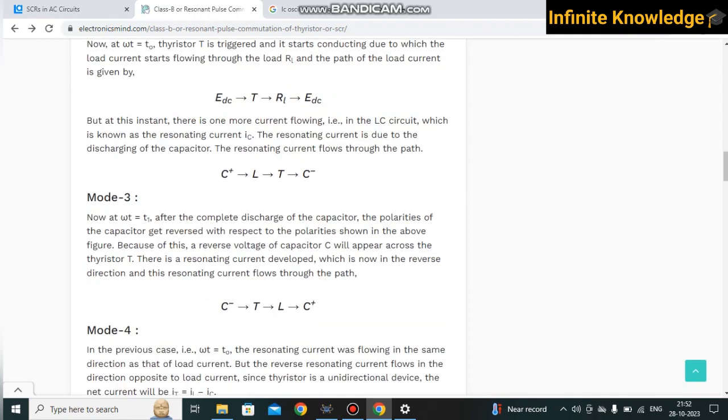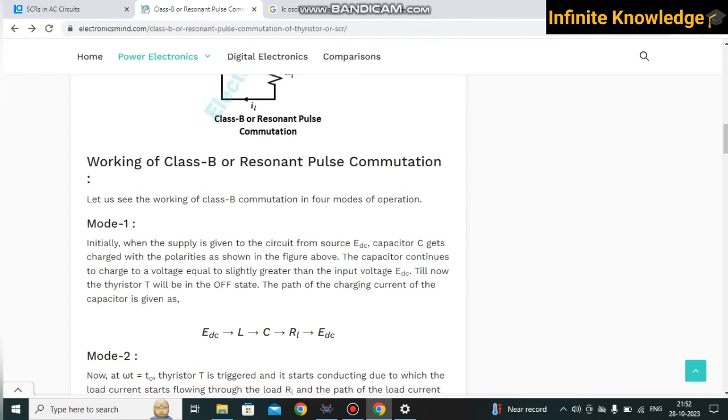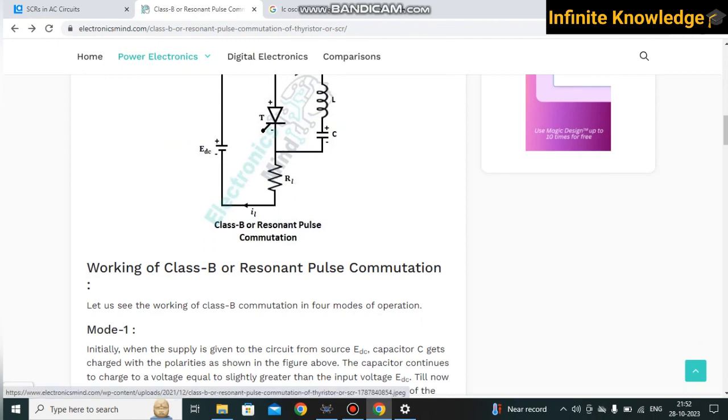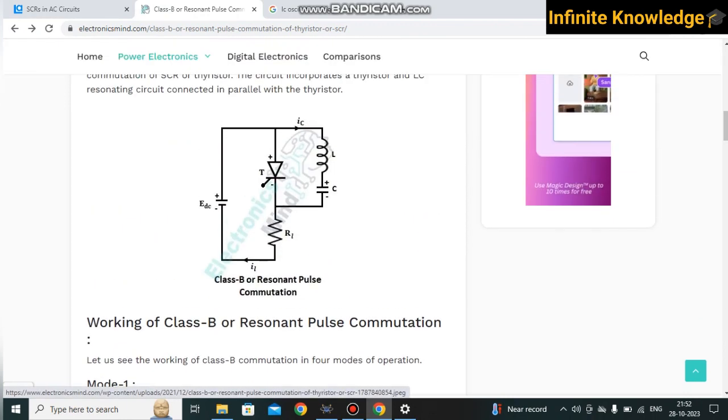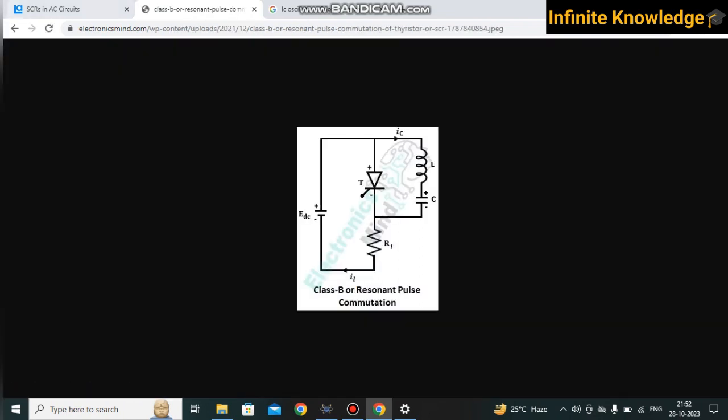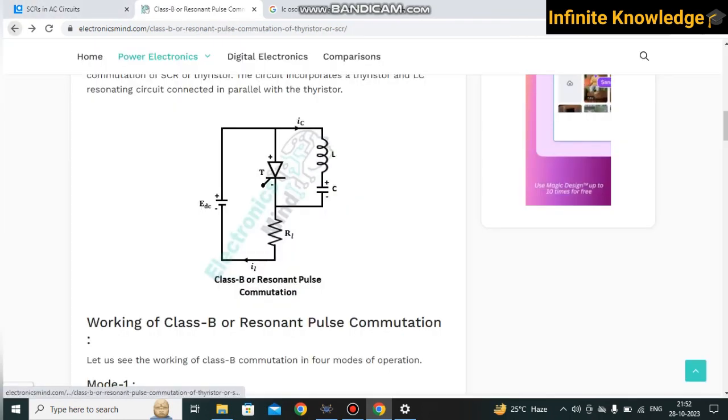So you can see in mode 3, your current flows from this path, C negative, T, L, C. Here in mode 3, your current direction is opposite. In the previous mode both currents were flowing downward, but in mode 3 your current flows in the opposite direction to your load direction.